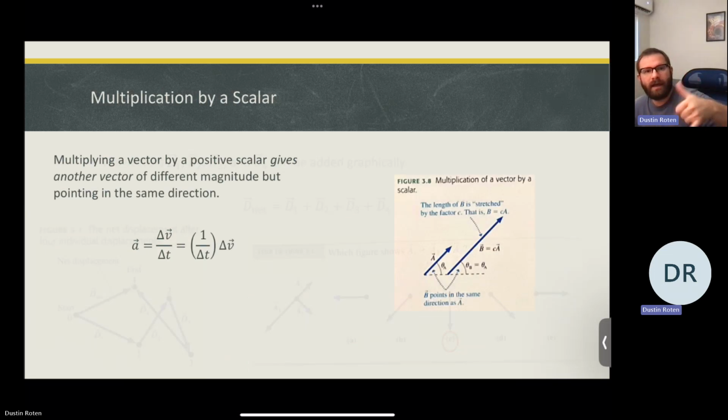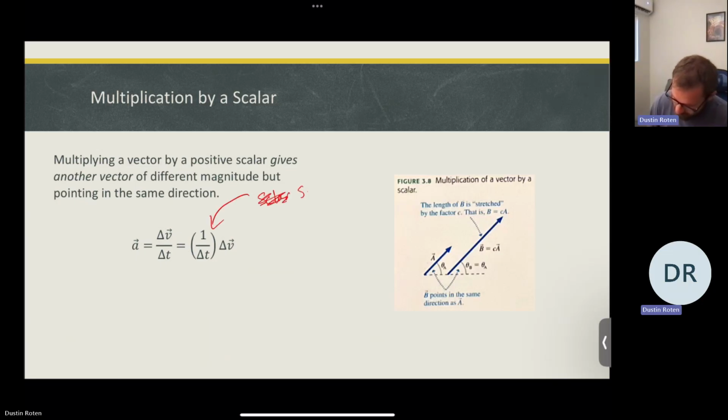So in addition to adding these vectors together, you can also multiply them by a scalar. Remember, a scalar is just some number that has no direction associated with it. It's just essentially a magnitude. And we've actually been doing this. Anytime you take one of those kinematic equations, if you have a delta x and you divide it by delta t, like for a velocity, or here where we have an acceleration, and we're taking our change in velocity divided by time, well, it turns out this is just a scalar.